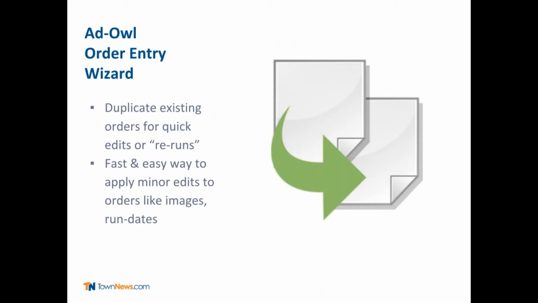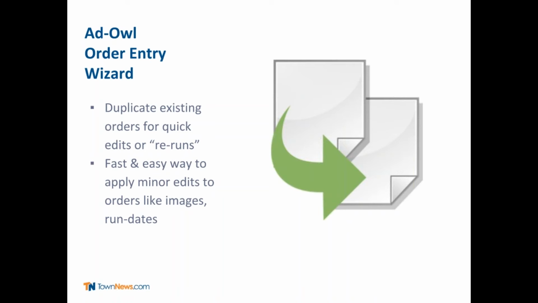In addition to this wizard, we also now have a duplication tool. For ads that have already run in the past or are currently running, you can now quickly replicate an existing order with the new duplicate tool in Ad Owl. This is available to everyone, as is the order entry wizard, as soon as it launches in the next couple of weeks.